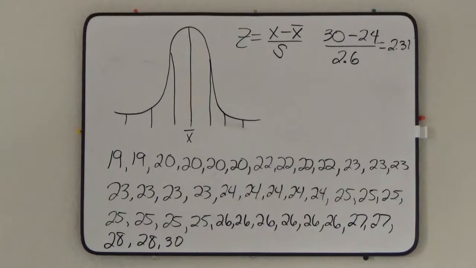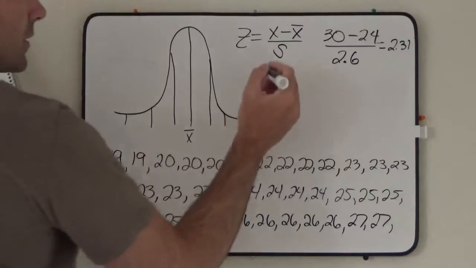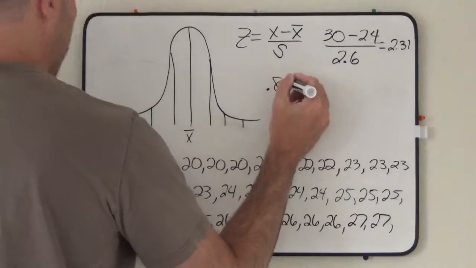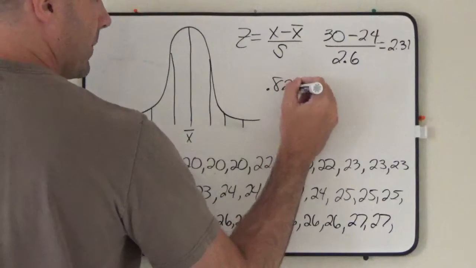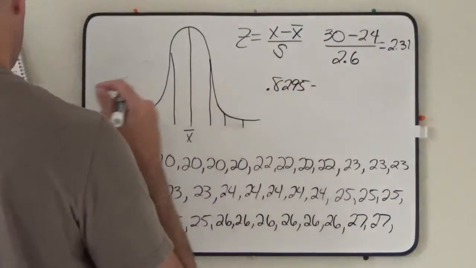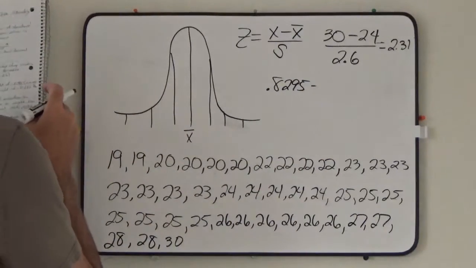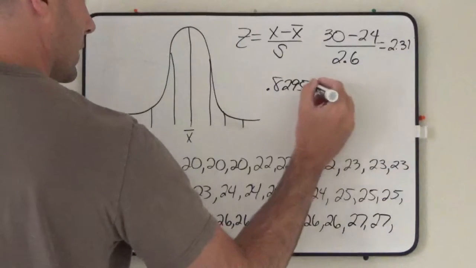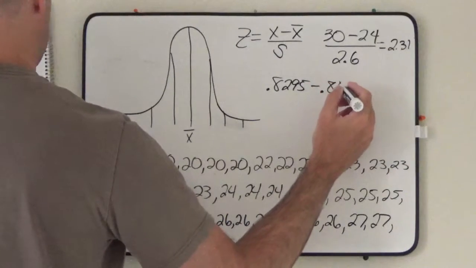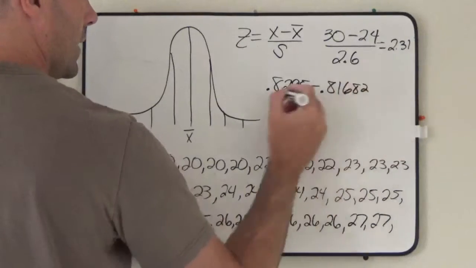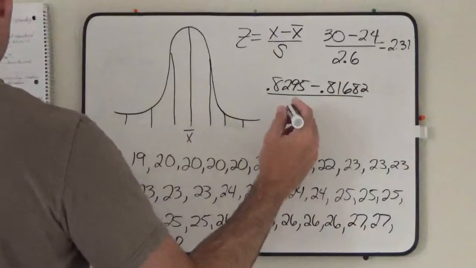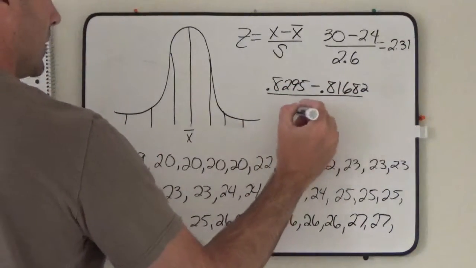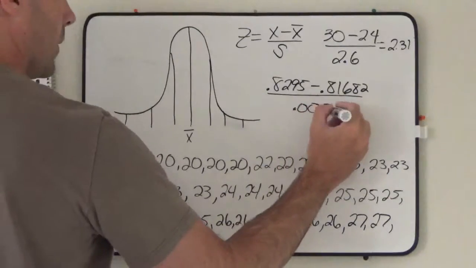Now comparing that to the Coke, we have a weight of 0.8295, so that's our x, minus the mean, I won't mess up this mean, it was 0.81682, divided by the standard deviation, which was 0.00751.